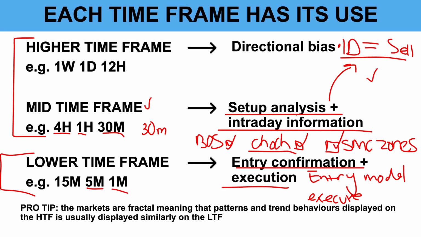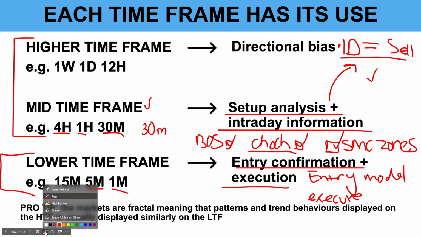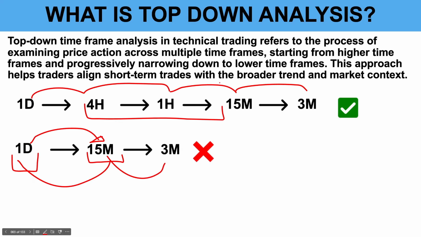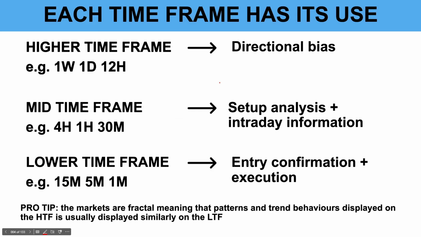And we can use any other setup information for our TPs and our SLs and anything like that. So that is essentially what top-down analysis is all about. And you guys should be screenshotting this page and this page, because this is useful information for you to remember in case you're new to this topic of top-down analysis.